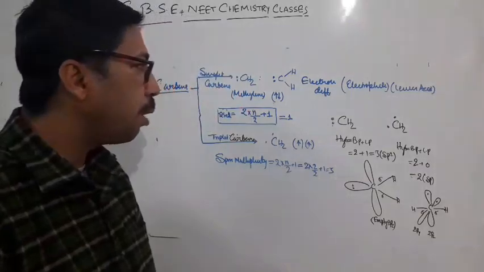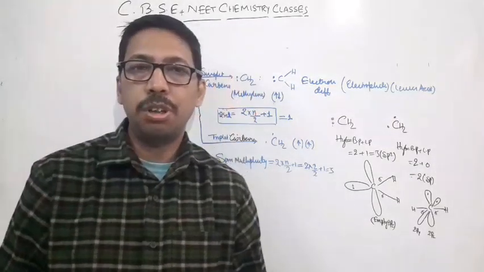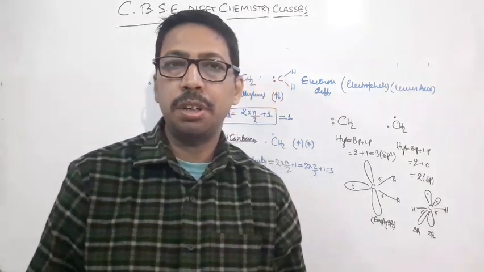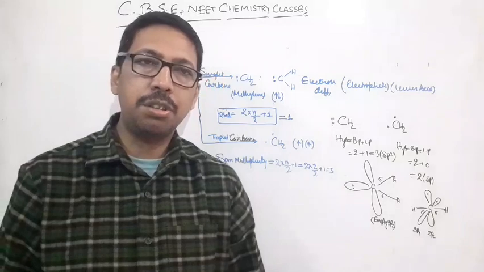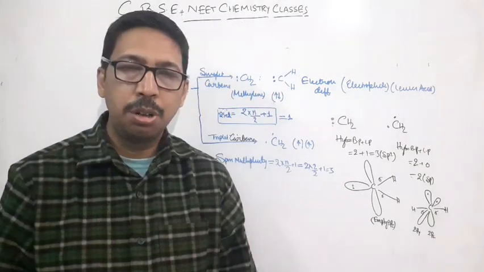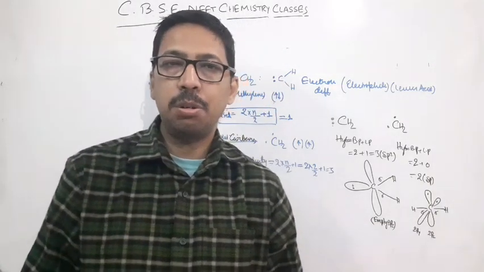In this class we have discussed about four types of reaction intermediate, which are free radical, carbocation, carbanion, and carbenes, and two more reaction intermediates are remaining, which are nitrene and arine or benzyne, that will be discussed in our next class.